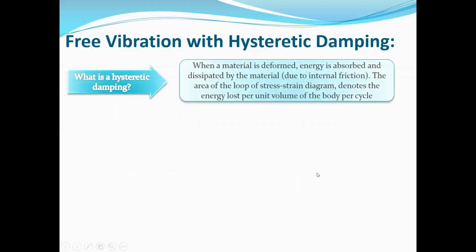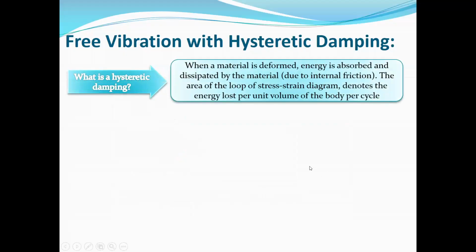Okay, we continue with the free vibration with hysteretic damping. Hysteretic damping, in fact, is another type of damping that there is in most of the structures, and this is due to the internal frictions of the different layers of the material. If we consider a material, it consists of several layers.